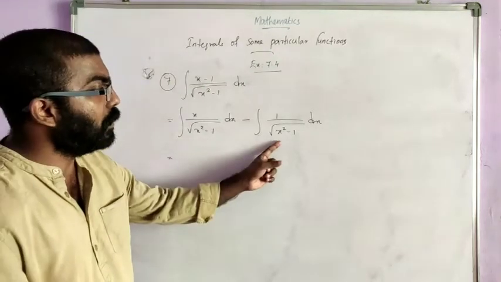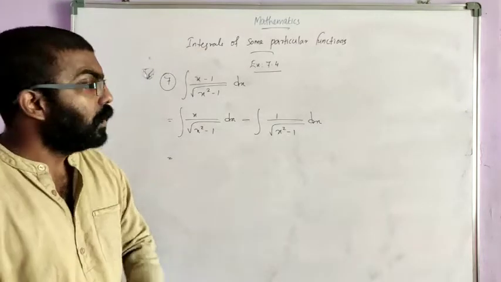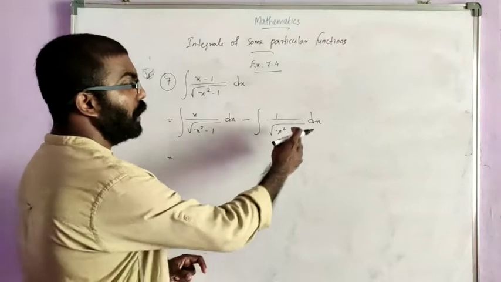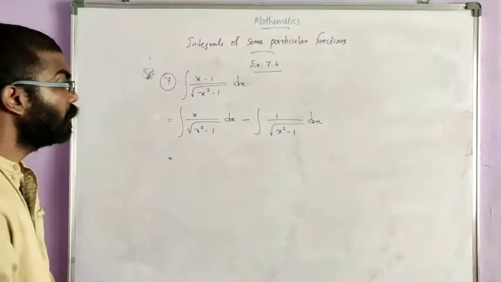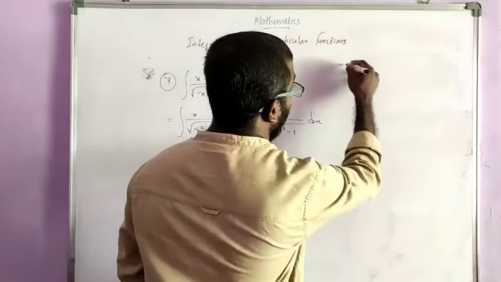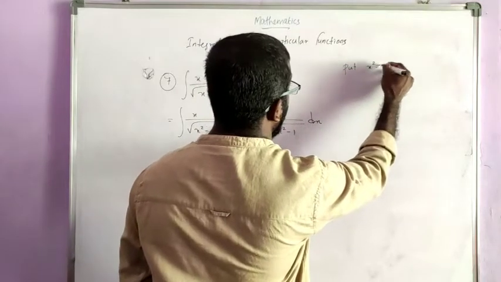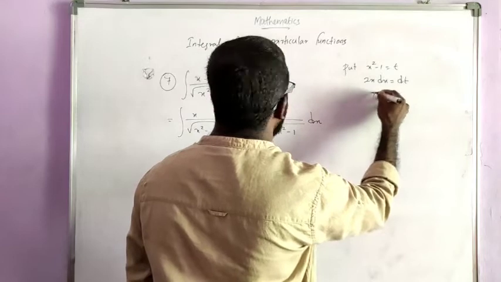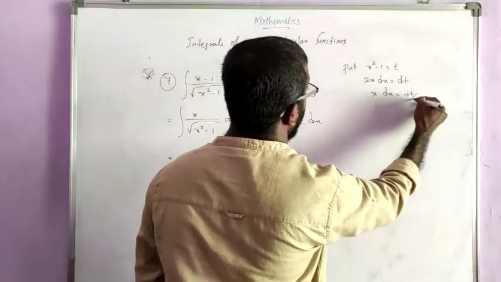And in the second one we can apply the formula 1 by root x square minus a square. This 1 can be treated as 1 square. So in the first one we put x square minus 1 is equal to t, 2x dx is equal to dt, x dx is equal to dt by 2.